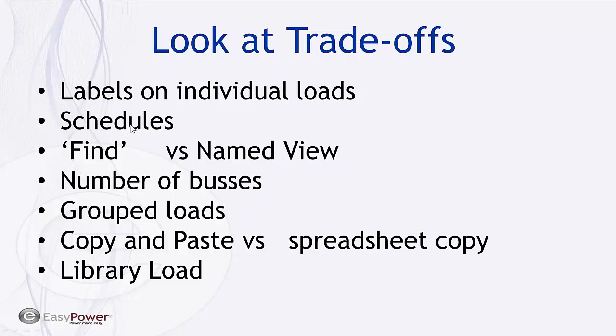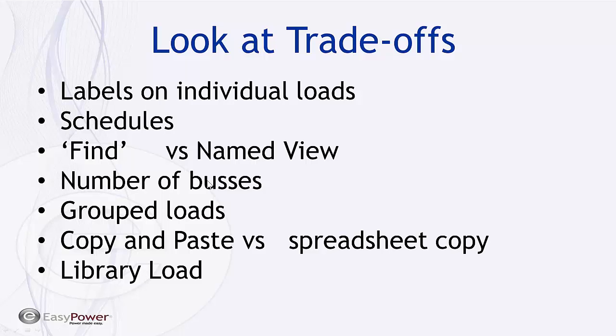Likewise, the details in the schedules that are provided, schedules are available on either methodology, but the details are different, and we'll compare that. Likewise, as soon as we define one of these individual buses as an MCC, it affects our ability to use the find function, because that bus is still considered a bus when we talk about the database browser.